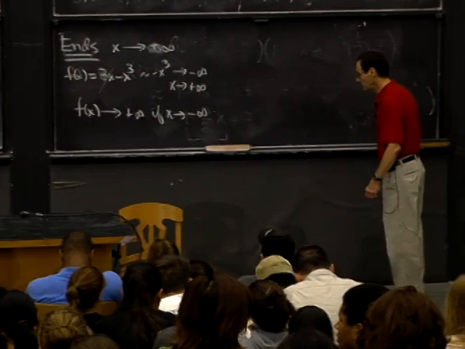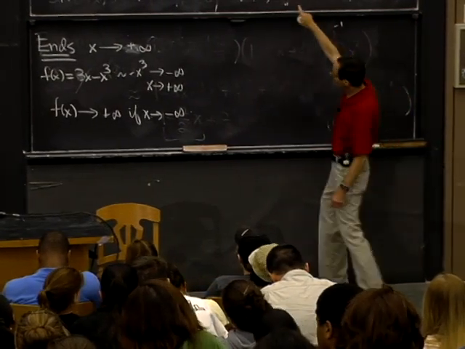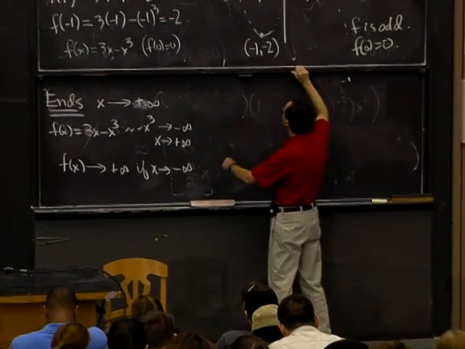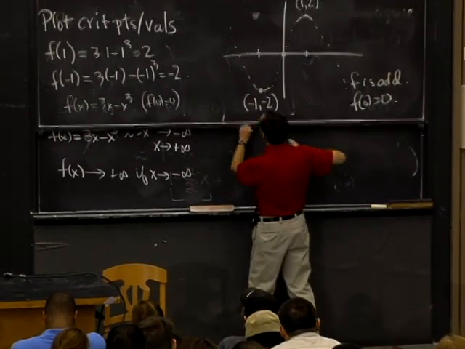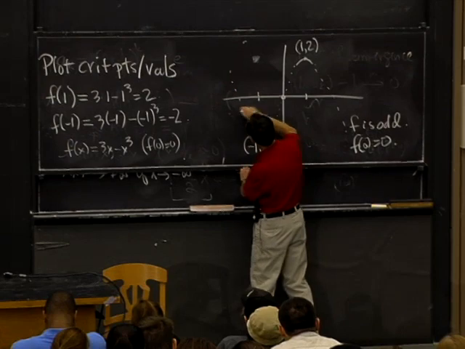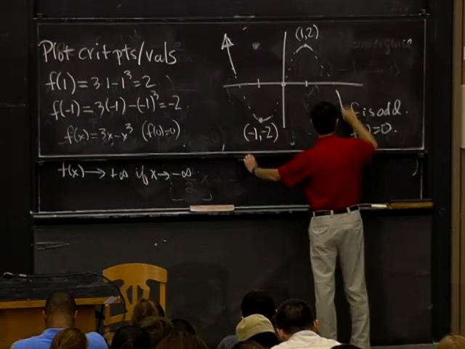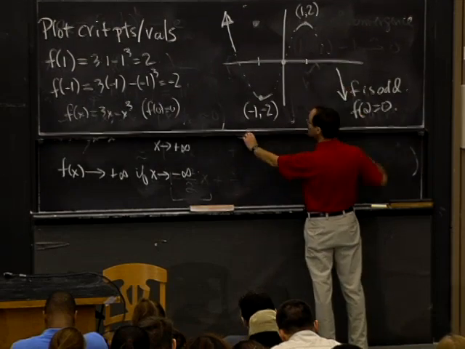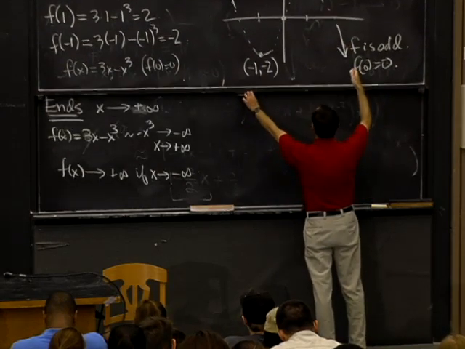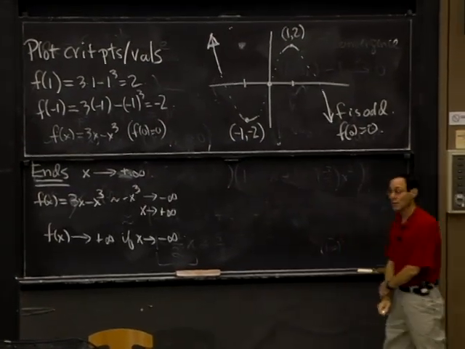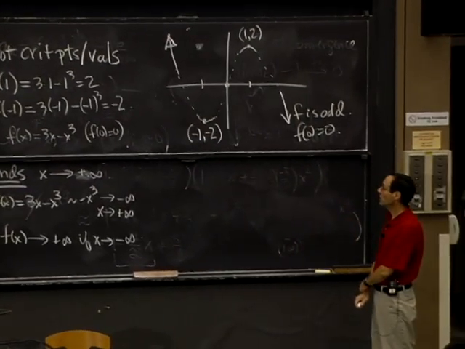All right? Now, let me pull down this picture again and show you what piece of the information we've got. We now know that it is heading up this way. It doesn't go like this. It goes up like that, and I'm going to put an arrow for it, and it's going down like this, all right? Heading down to minus infinity as x goes out farther to the right, and going out to plus infinity as x goes farther to the left.